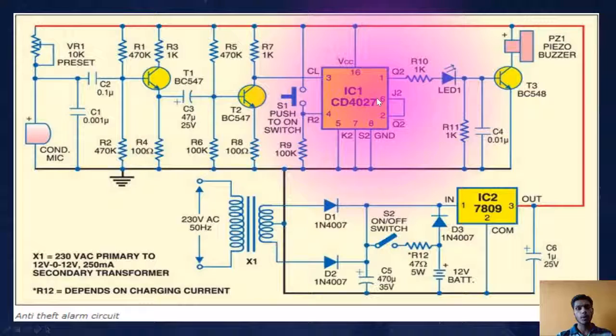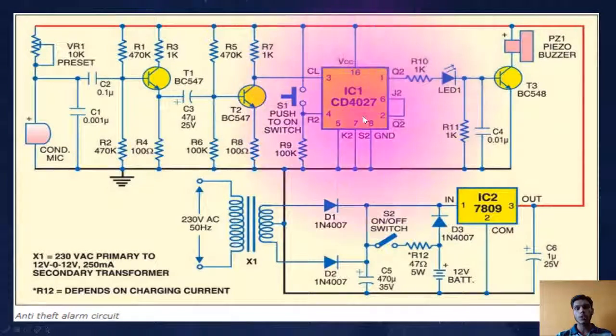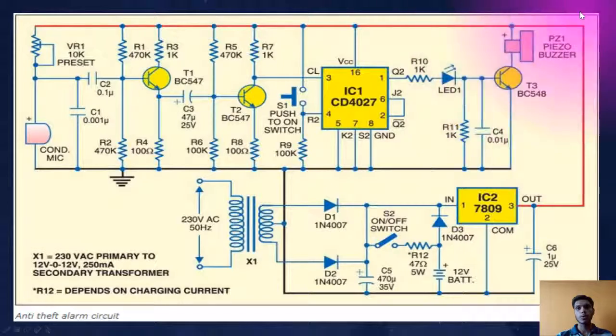But as we are going to use only one JK flip-flop, we are using only 8 pins of this IC. Now the output of this IC is connected to the T3 transistor, and there is a buzzer and LED. According to the output of this IC, that is the flip-flops, the LED would turn on and off, and the buzzer would start ringing.